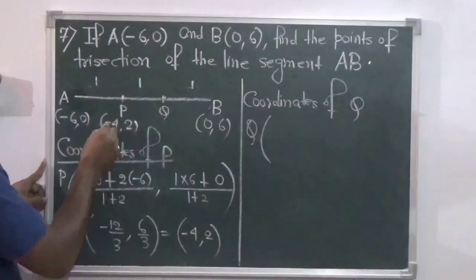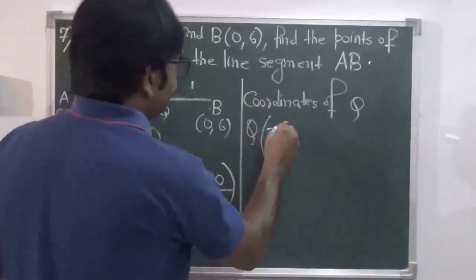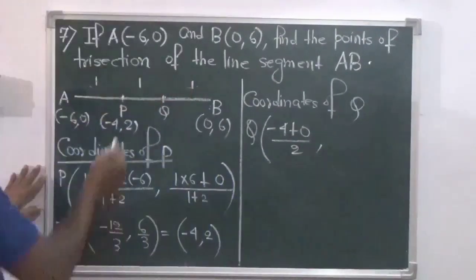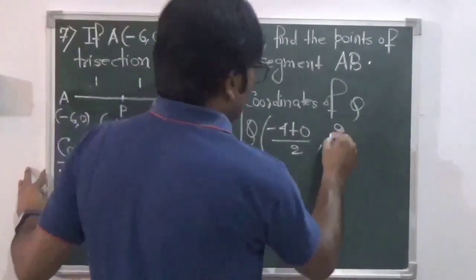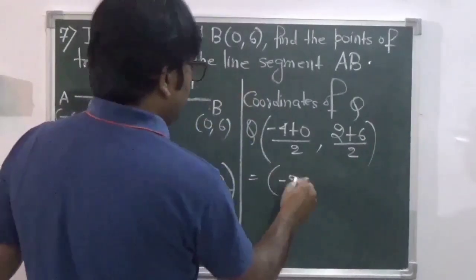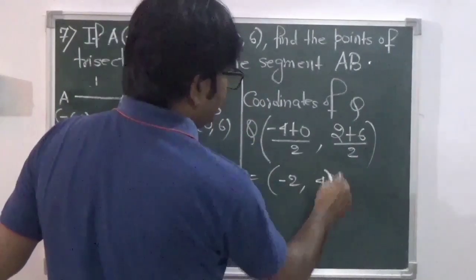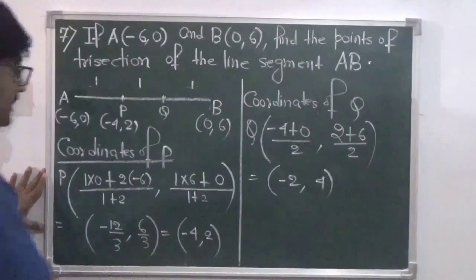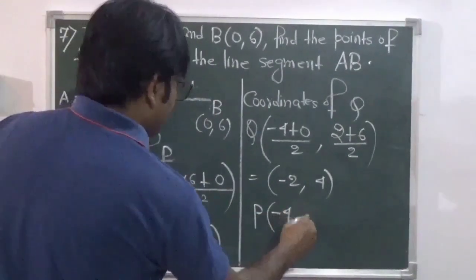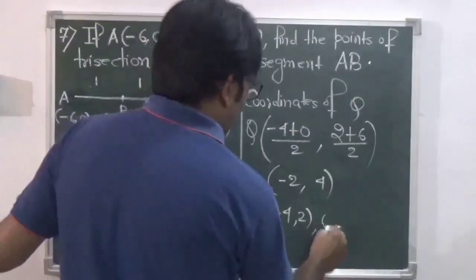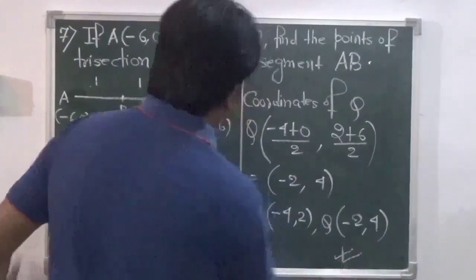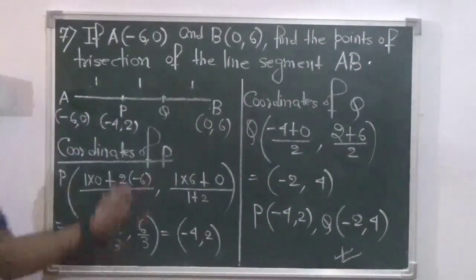So what is Q? (-4 plus 0) by 2, x1 plus x2 by 2, and (2 plus 6) by 2. So it comes to (-2, 4). So the coordinates of P are (-4, 2), and that of Q is (-2, 4). Okay, so have a look.